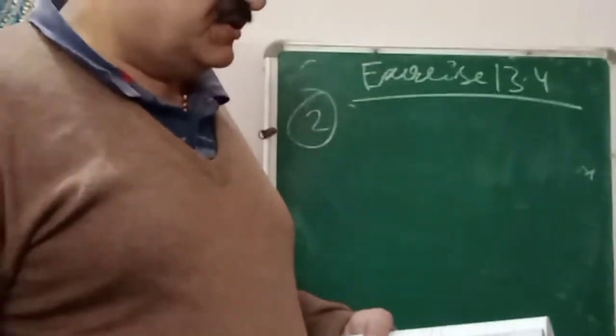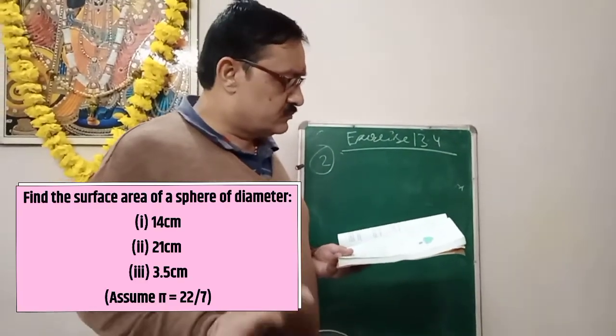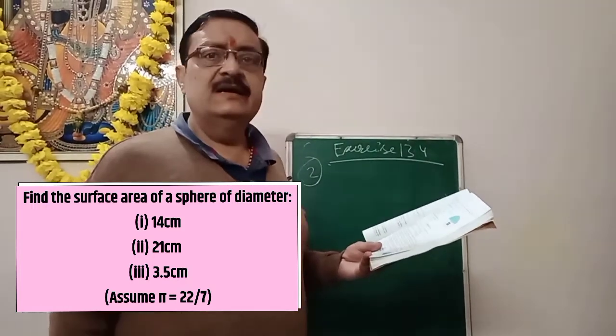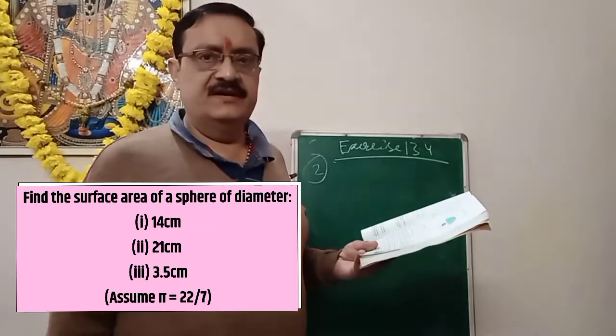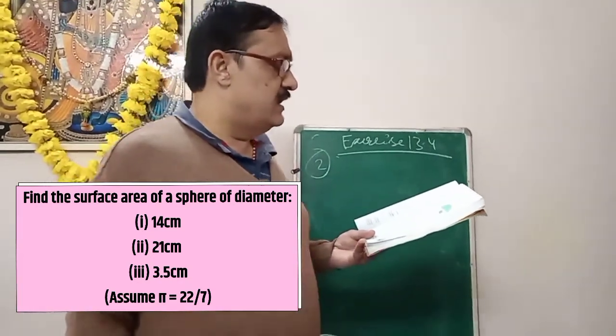Now coming to the second question. In second question, there are 3 parts, 1, 2, 3. In all the 3 parts, the value of diameter is given.